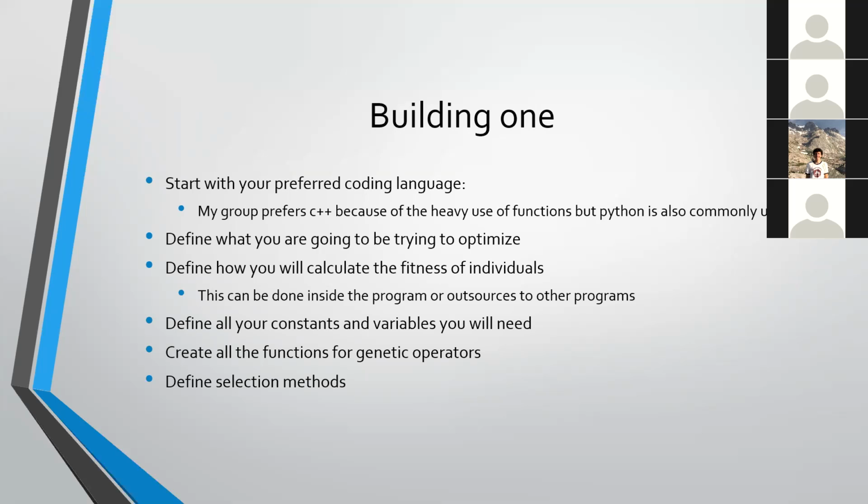Once you've decided what coding language you're going to use, you want to define what you're going to be trying to optimize. As I stated before, this can be anything simple or complex, though generally if you're starting out, you probably want to be working on something simpler.